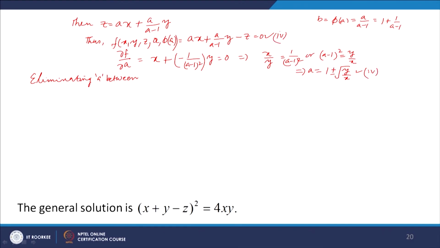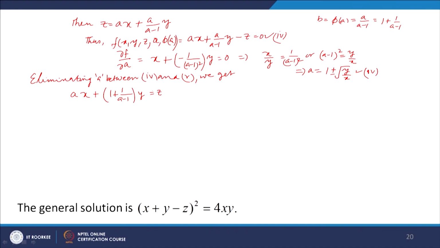Between 4 and 5 we get, a is 1 plus minus... ax plus, we have ax plus 1 plus 1 upon a minus 1 into y equal to z.